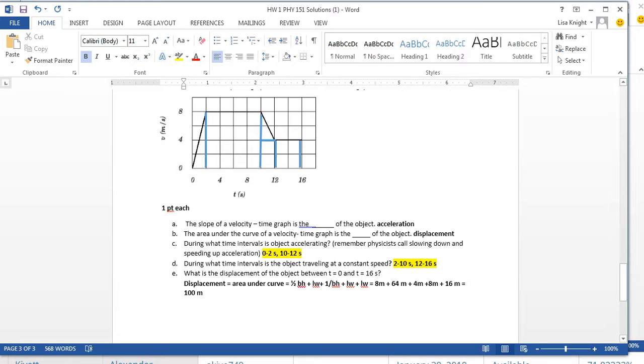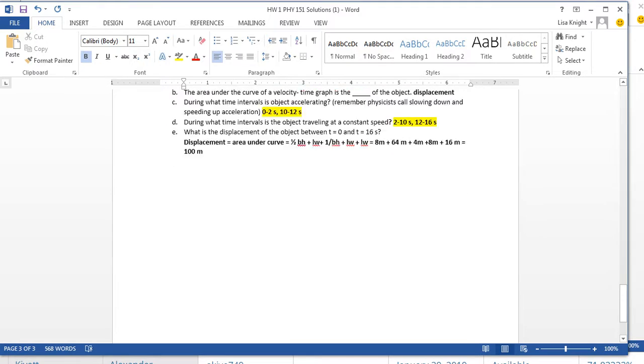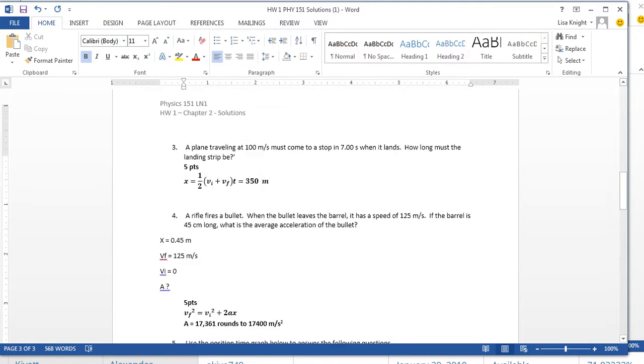The second area is 8 times 8, from 2 to 10 is 8. And then this would be 1/2 of its base times its height, this length times its width, and this length times its width. And if you do that, you should get a total of 100 meters, and I've worked it out here for you. Each problem was worth a total of 5 points.